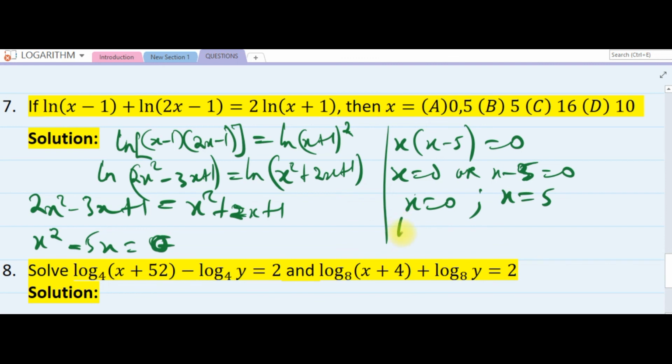Check it. Ln of 0 minus 1 is negative, it is not defined, so it's off. So 0 cannot be the answer, but check 5. 5 is positive, positive, positive. So the only answer is this. This should not be the answer. My answer is B. So you need to be careful after solving.